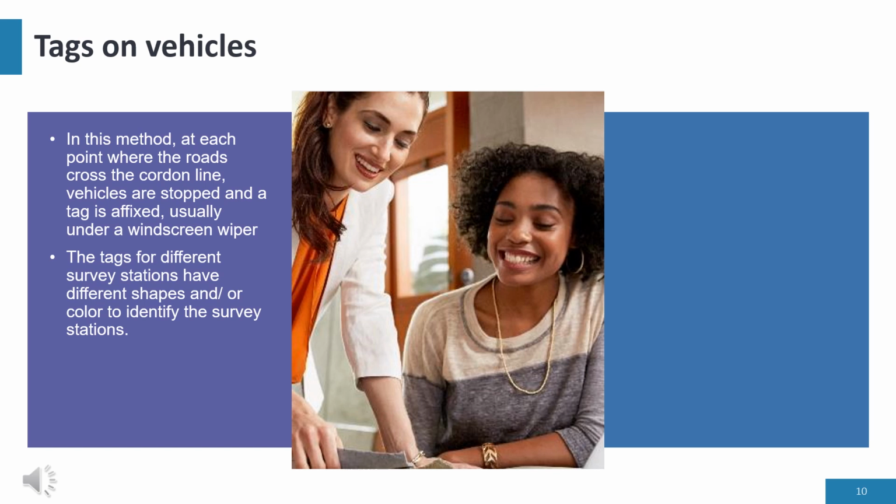The tags for different service stations have different shapes and or colors to identify the service station. These are the methods to determine the number of passengers in this specific town or area.